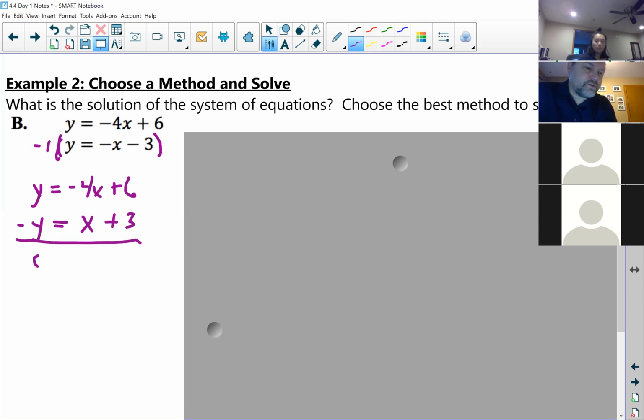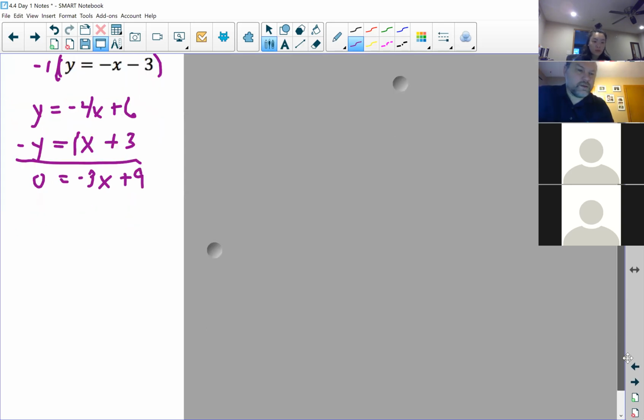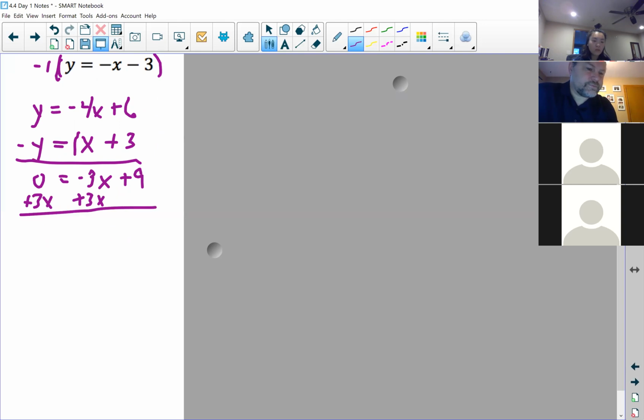So we get 0, negative 3x. Remember, there's like a 1 here, plus 9. Add the 3x to both sides. And divide by 3.